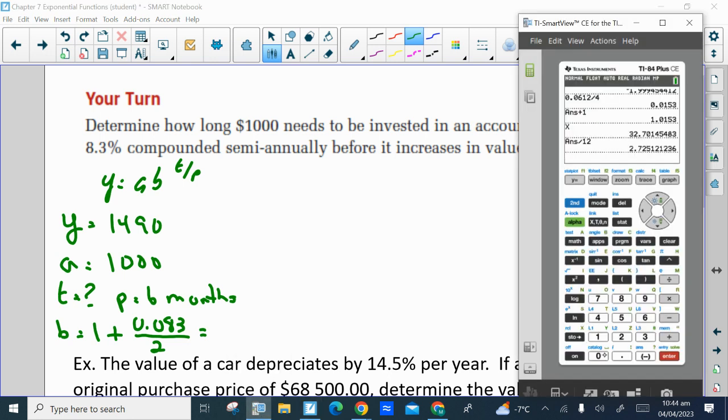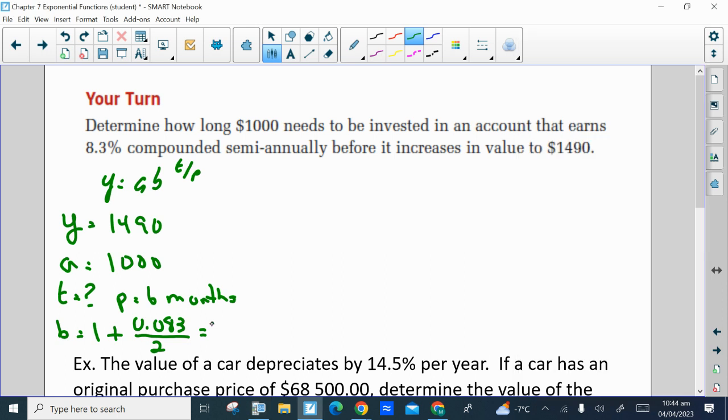So to our calculator, 0.083 divided by 2 is 0.0415, to which we add 1 to get 1.0415. So now we can set up our equation.